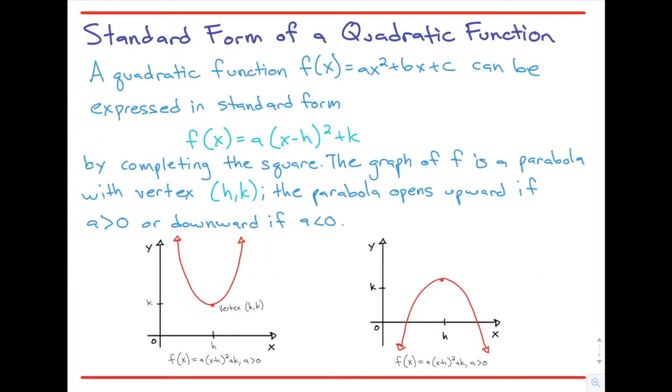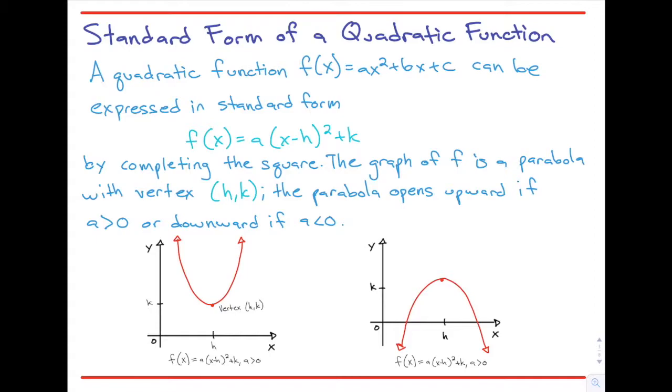So the standard form of a quadratic function: a quadratic function f of x equals ax squared plus bx plus c can be expressed in standard form f of x equals a times the quantity x minus h squared plus k by completing the square. The graph of f is a parabola with vertex (h, k).